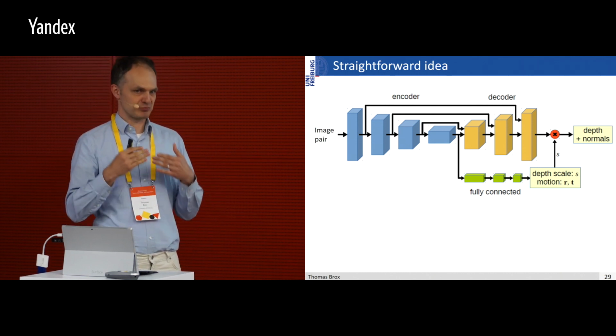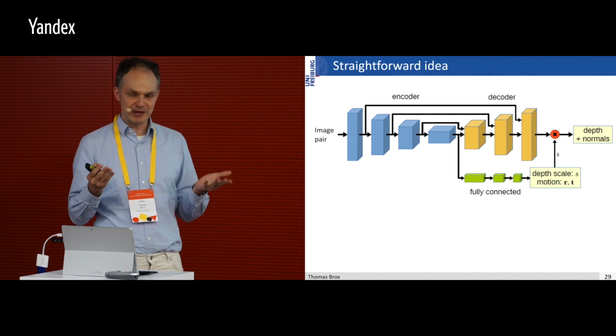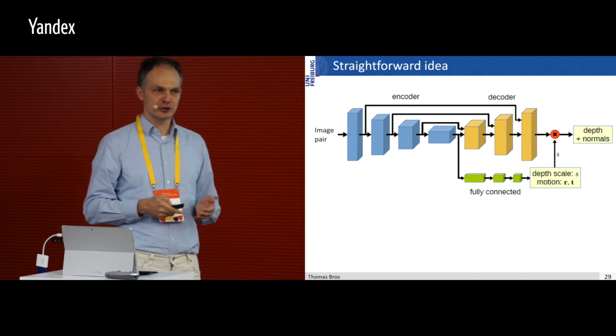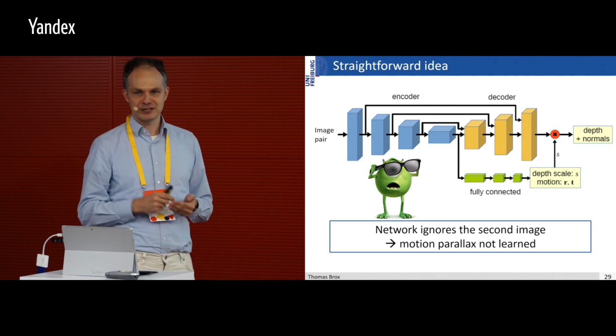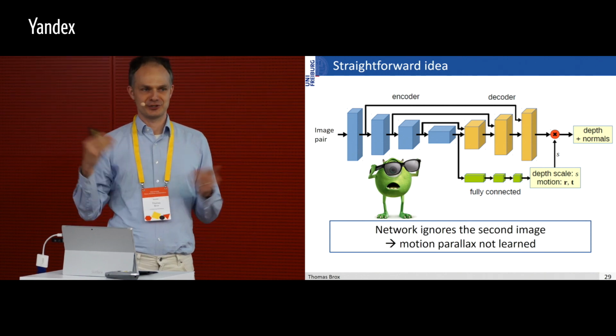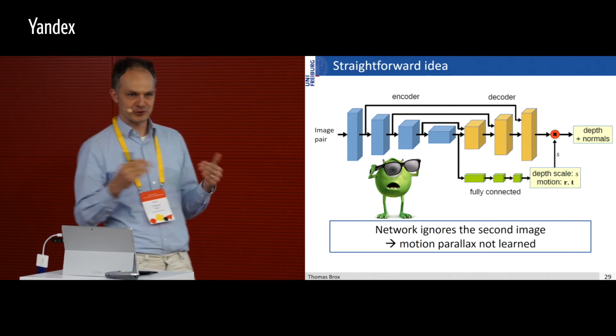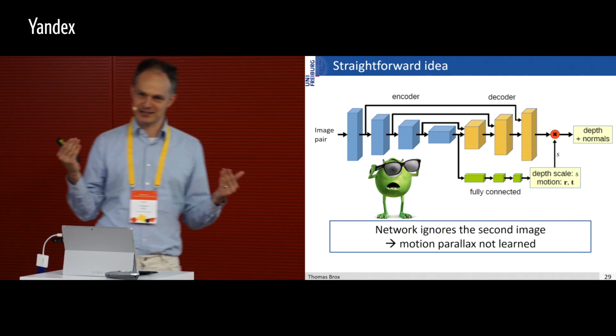And we did that, and it also produced reasonable depth maps. Ego motion was not so good, and we checked what the network did, and we figured out that you can just make the second image black and it doesn't change anything in the result. So the network just ignored completely the second image.